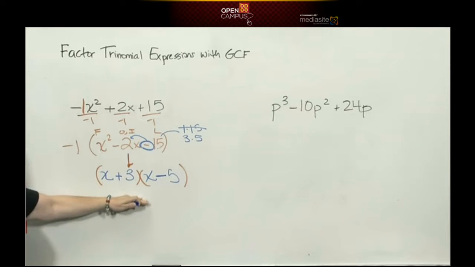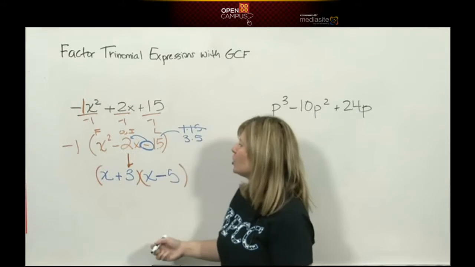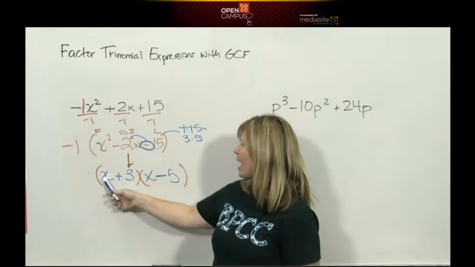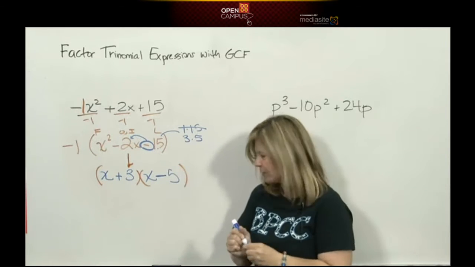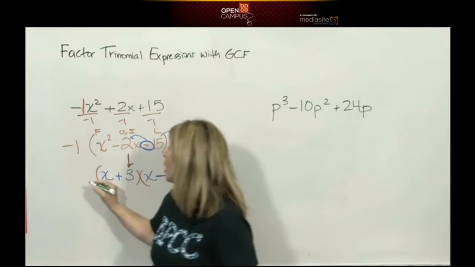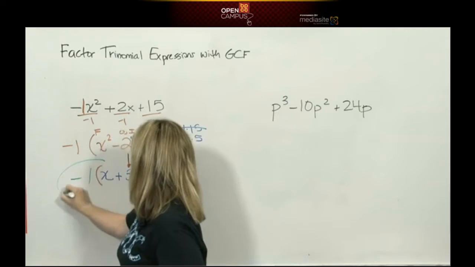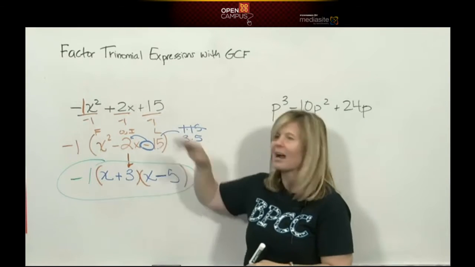But this isn't your final answer, because remember, when you factor, you should be able to check by multiplication. If I multiply right now, x times x is x squared, and I have up here a -x squared. What you've got to remember is that GCF you pulled out comes down in front. This is your factored form. All of this would multiply back to the original.